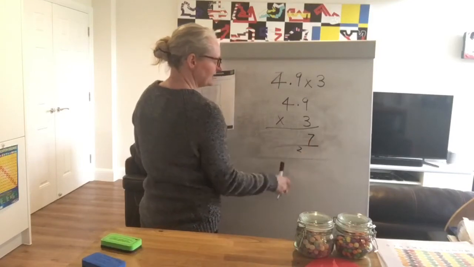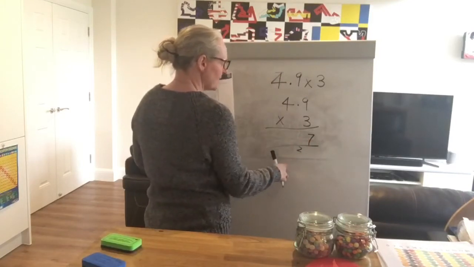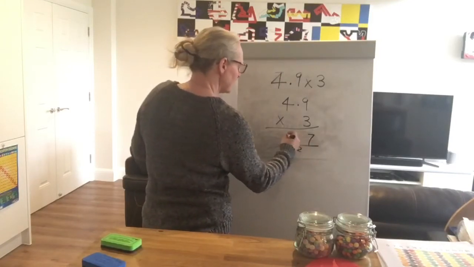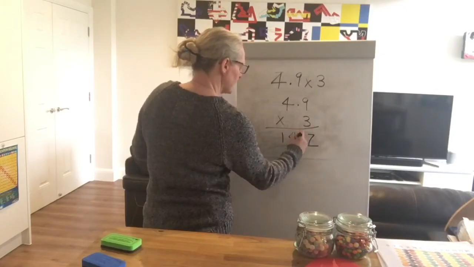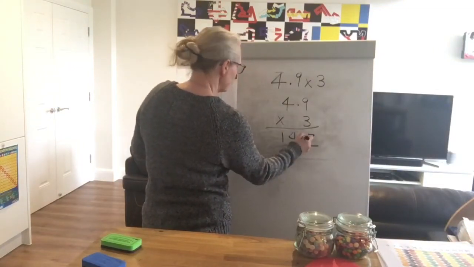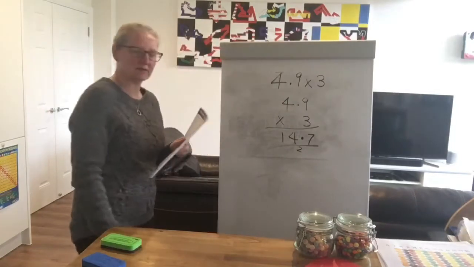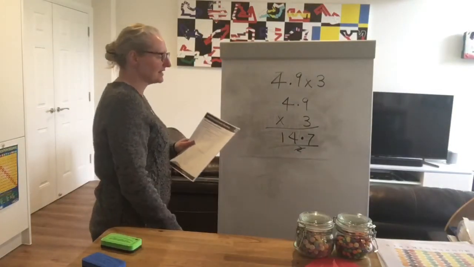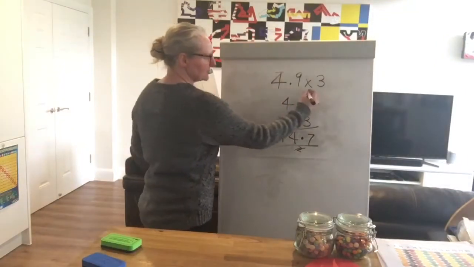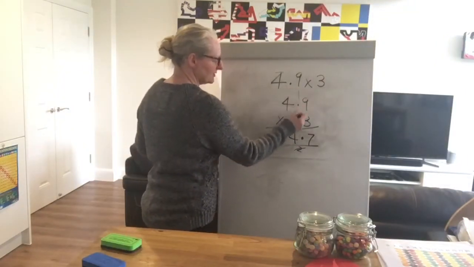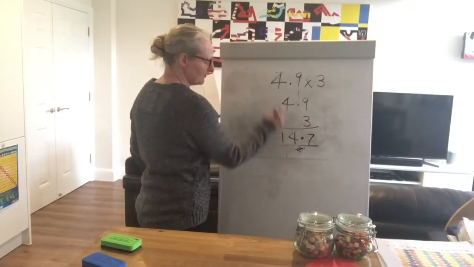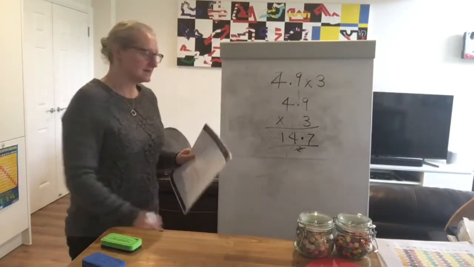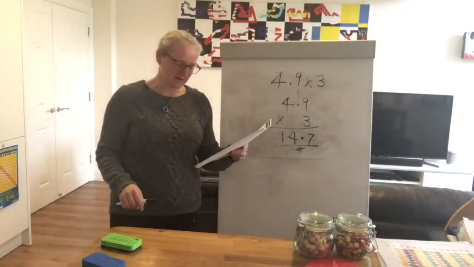Okay, I'm going to carry my 2. 3 fours are 12, plus my 2 is 14. But what I'm going to do is make sure I put my decimal place back in the right place, and obviously I've used my 2. So you can see that the trick here is to make sure that you have your numbers lined up in the correct fashion, so that it's easy to see exactly where the decimal place goes in.